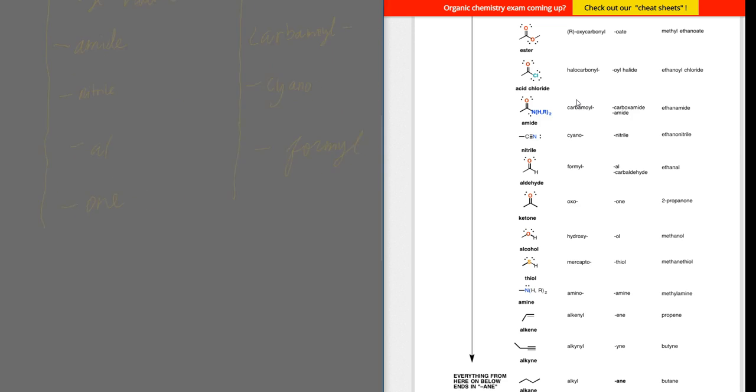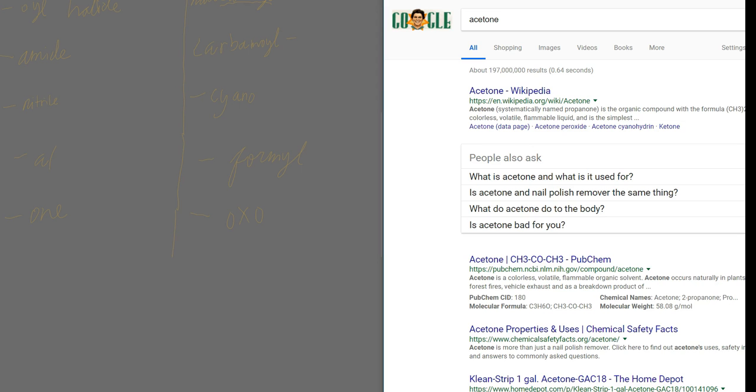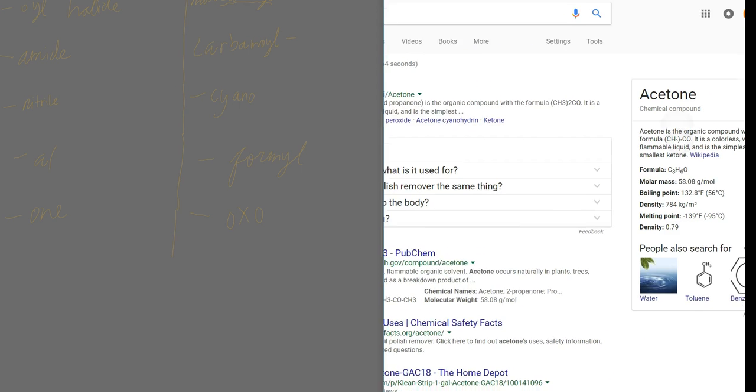It just looks kind of funny putting it in that form. Alright, it's gonna be oxo. Acetone is the most simple form for a ketone, if I'm not mistaken.